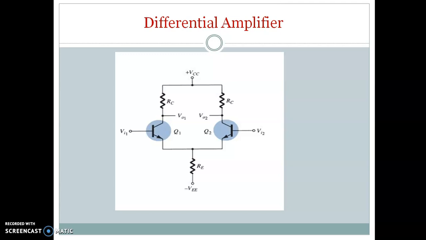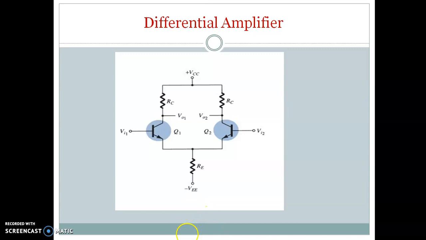Are the transistors Q1 and Q2 biased in the active region? Yes, they are biased in the active region. Normally we say the transistor is biased in the active region when the base is at a higher potential with reference to the emitter, at least by 0.7 volt. Then only we say the transistor is biased in the active region.